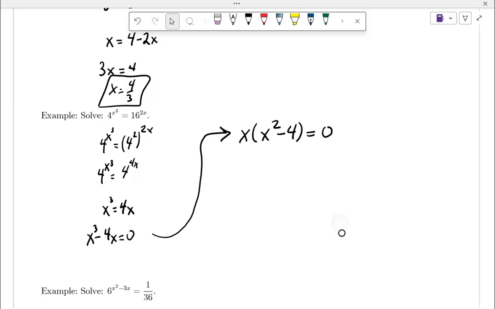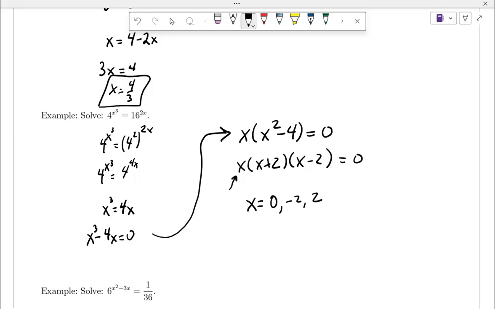How does that factor? Good, that was the difference of squares. And now, what solutions do you see? What makes that piece equal 0? Yeah, good. So that's 0, that's -2, and that's 2, right? This is why I said you don't want to divide both sides by x, because you'll lose that 0 solution.